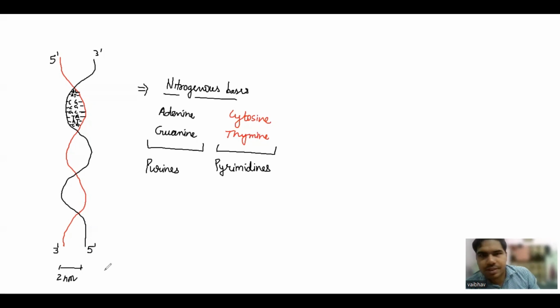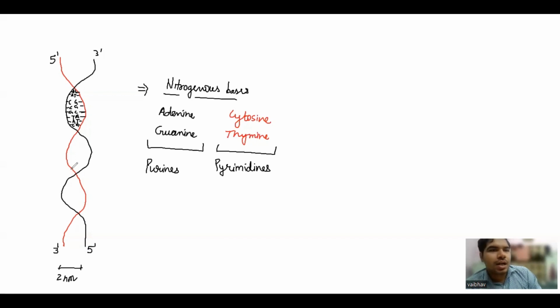There were four scientists, Watson, Crick, Maurice Wilkins, and Rosalind Franklin. They determined the whole structure of DNA and the actual size of DNA. So the diameter is 2 nanometers. It is fixed. Next, the backbone is made of phosphate, the phosphodiester bond, we say.